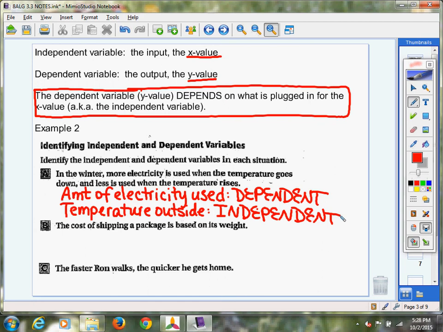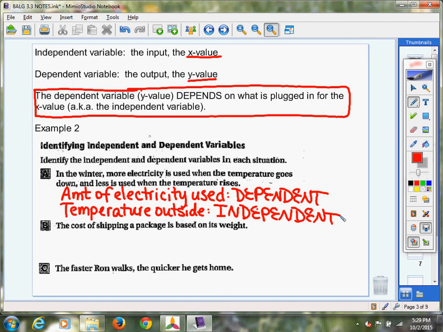But you know what does affect it? Whatever temperature it is outside determines what I'm doing on the inside of my house. So the amount of electricity I use really depends on what that temperature is outside, and I'm going to adjust it accordingly to help me out. Okay? So let's go on to B.